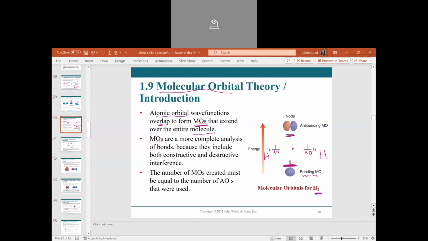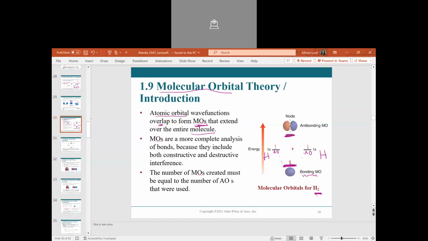And then up here, we would have an antibonding molecular orbital, which would indicate a node being created. Since there are only two electrons, we can stick them down here in this bonding molecular orbital. And this would give us a hint that H2 would form.